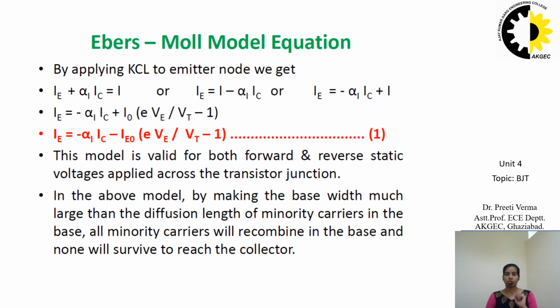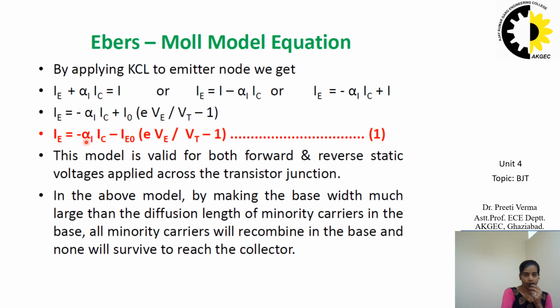Different equations associated with the Ebers-Moll model can be written by applying KCL to the emitter node. We get IE equal to alpha I times IC equal to I. We have IE equal to I minus alpha I times IC, or we can write IE equal to minus alpha I times IC plus I. Simplifying, we can write IE equal to minus alpha I times IC plus I naught times e to the power VE divided by VT minus 1.